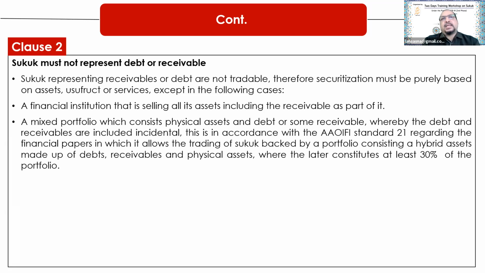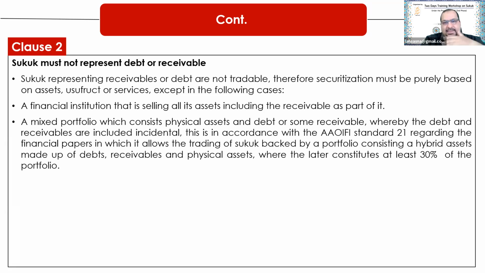This is why, if you have a debt portfolio of murabaha, how do you make it workable? You have to bring in additional tangible assets, so-called ijara, and create a mixed portfolio, whereby 30% will be physical assets of ijara and the balance will be murabaha.